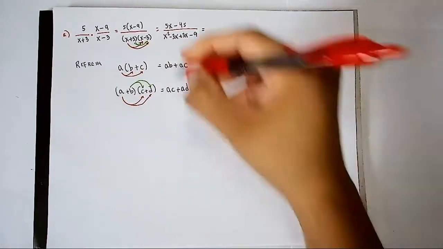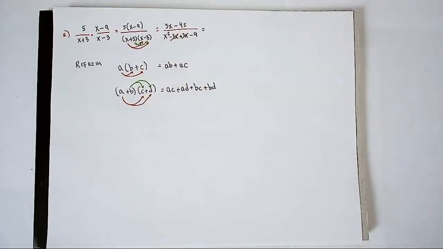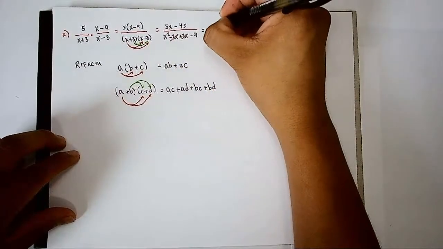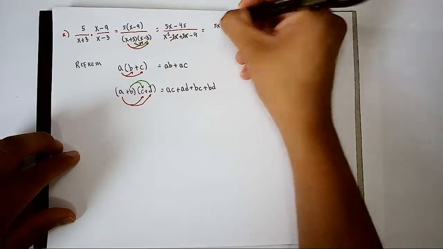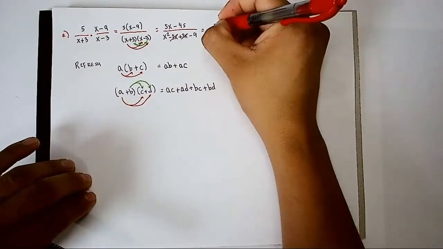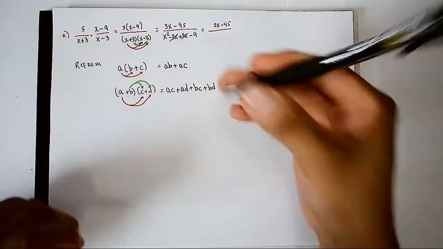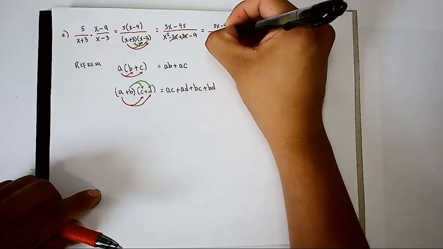We can simplify minus 3x plus 3x and we get 5x minus 45 divided by x squared minus 9.